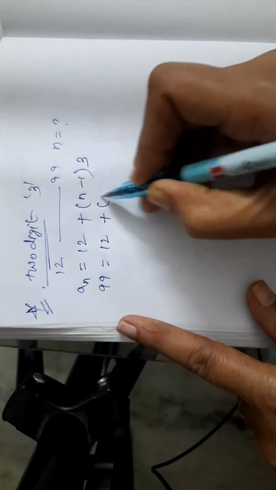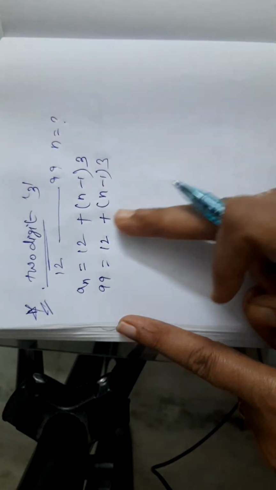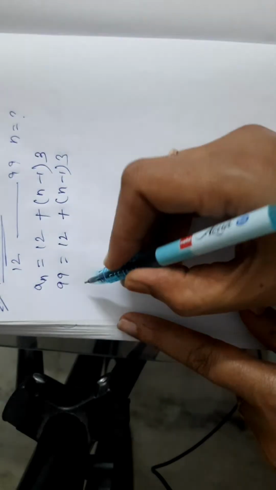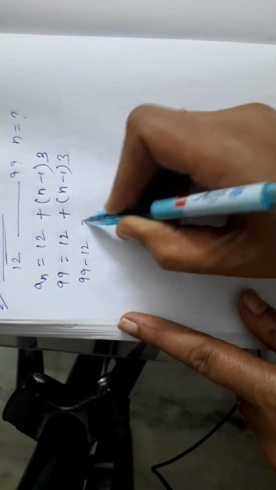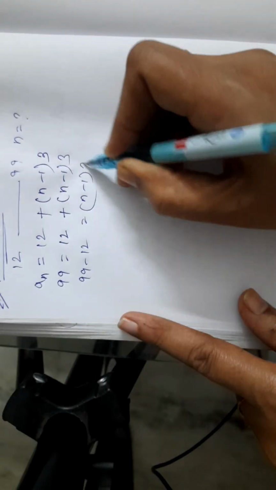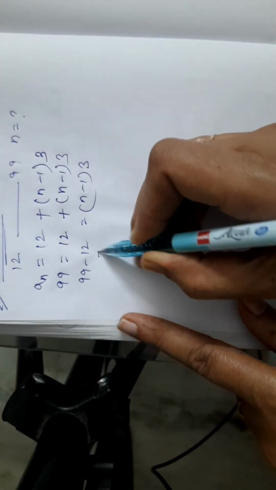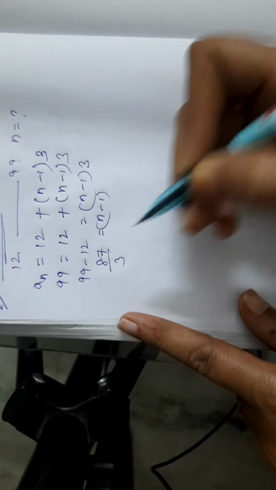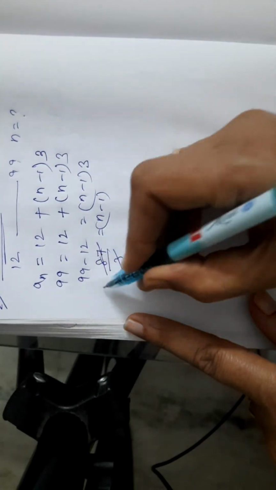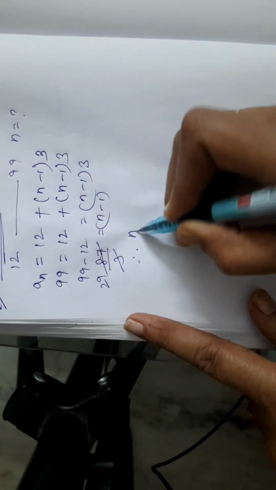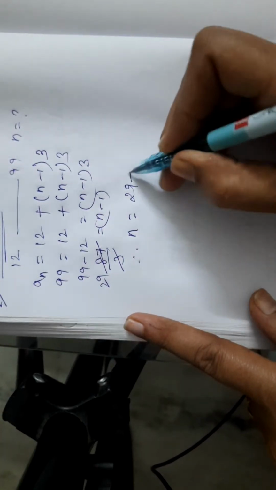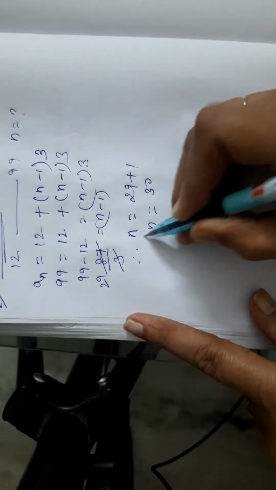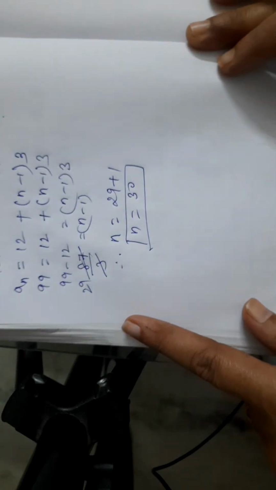So 99 equals 12 plus n minus 1 multiplied by 3. Shifting 12 to that side first, 99 minus 12 is n minus 1 multiplied by 3. Now subtracting, 87 is n minus 1 times 3. Shifting 3 to the denominator, n minus 1 is 29. Therefore n is 29 plus 1. Total 30 numbers are there which are divisible by 3.